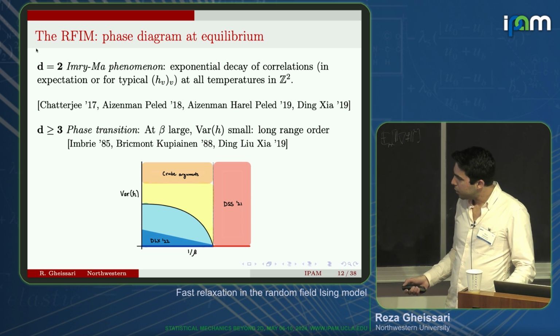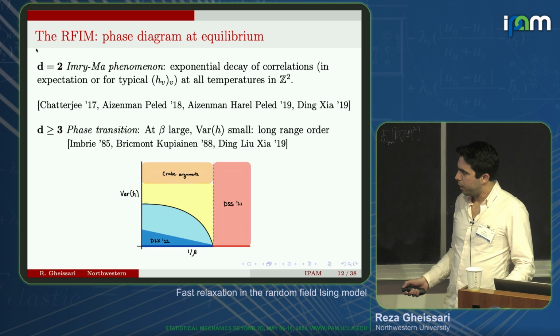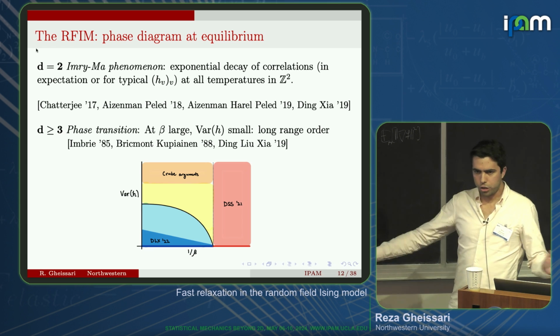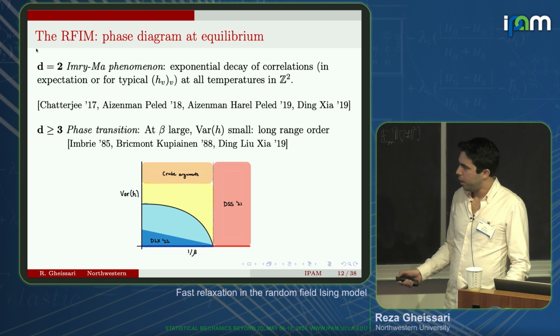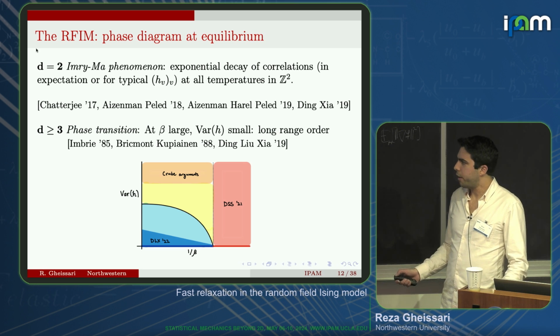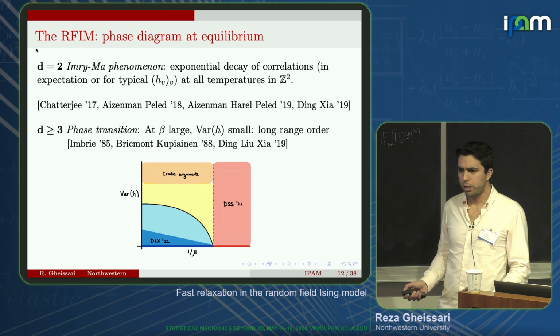And a result of Ding, Liu, and Jia showed, actually, this is really Imbrie and Bricmont and Kupiainen showed, for some regime here, that for any low temperature, if there's a sufficiently small variance, long-range order is preserved. So you can go a little above this line. And if I add a strong enough external field, crude arguments tell me I can destroy the long-range order.